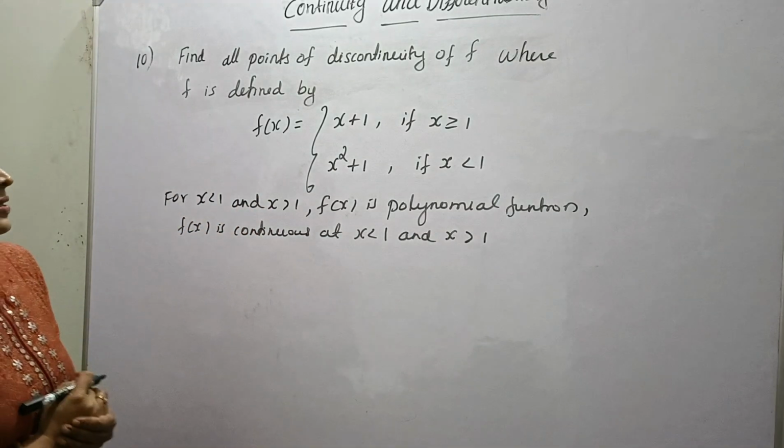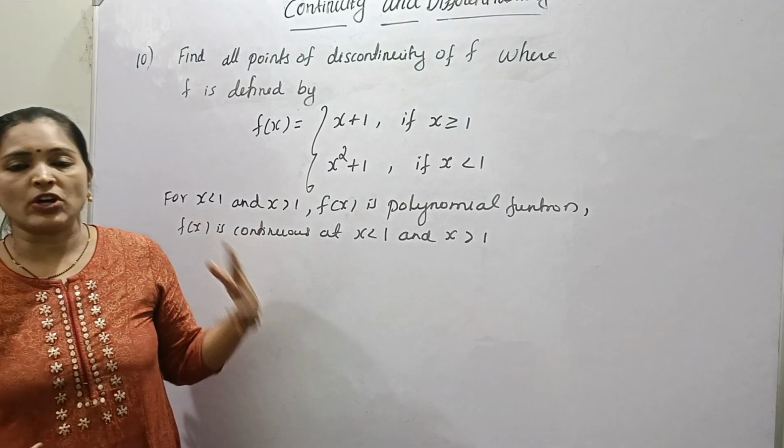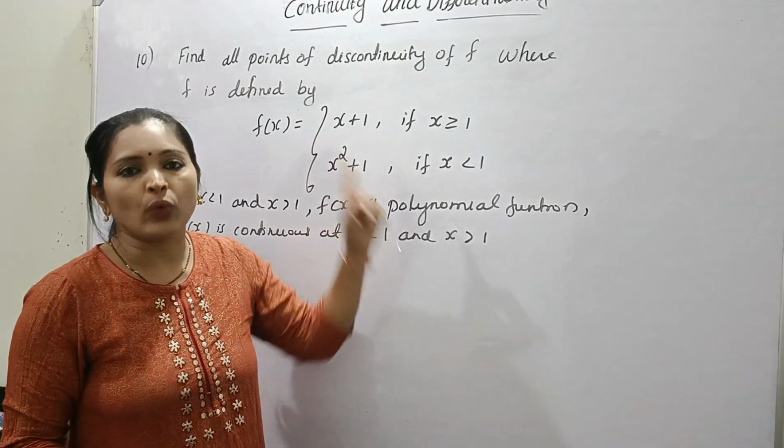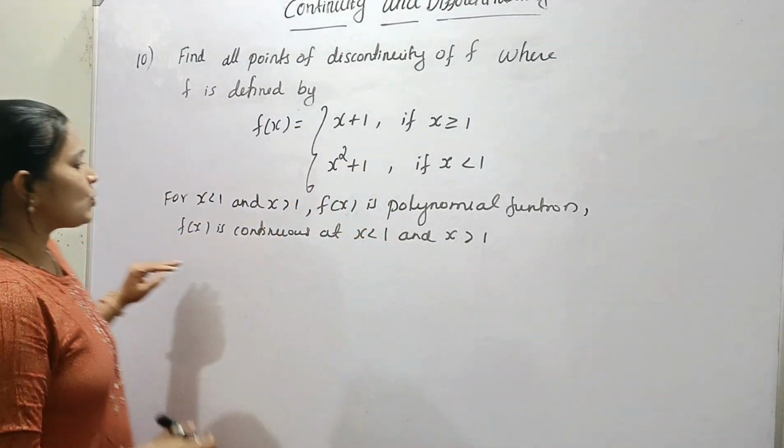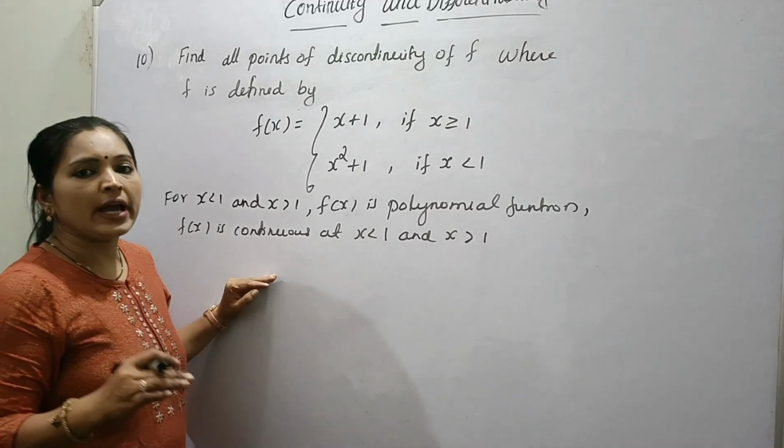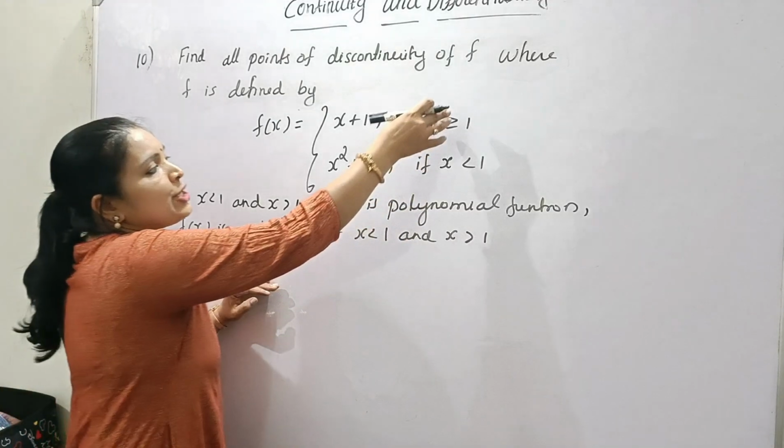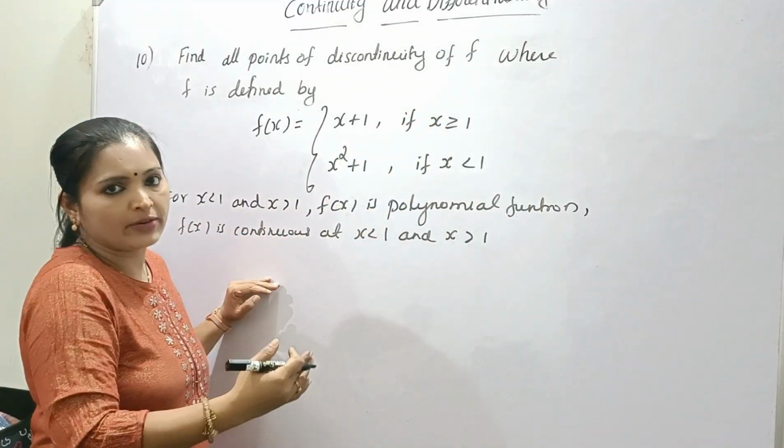Now next we have to check whether this function is continuous at x is equal to 1 or not. For that we need to find left hand limit and right hand limit, because the conditions are x greater than or equal to 1, x less than 1, right?